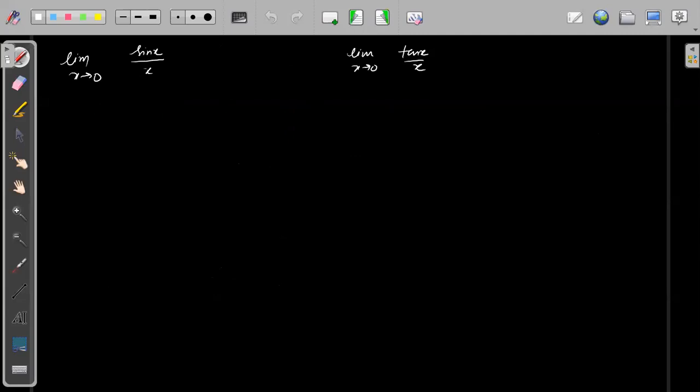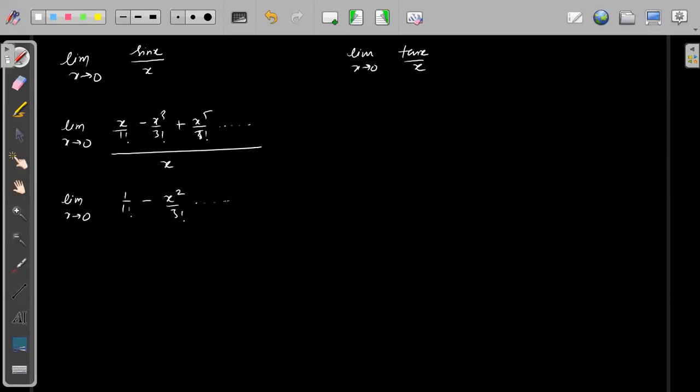Now, if I expand sine x, this will become limit of x tending to 0. Sine x: the first term is x minus x cube by 3 factorial, plus x to the power 5 by 5 factorial, and so on. If I take x common, this will become limit of x tending to 0, 1 by 1 factorial minus x square by 3 factorial, plus x to the power 4 by 5 factorial, and so on, right?